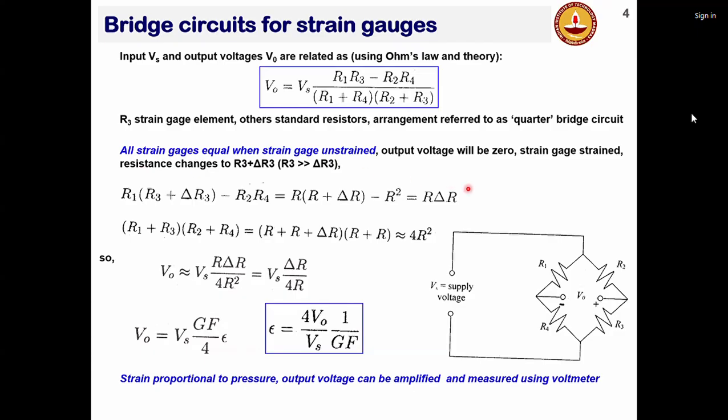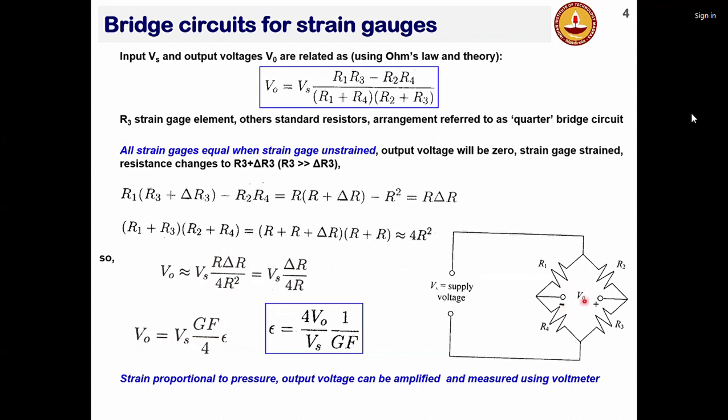So if you take all the resistors to be equal, and none of them are initially strained, that means initially R1 equals R2 equals R3 equals R4 equals some R. When that is the case, for a given supply voltage, the output voltage will be 0.